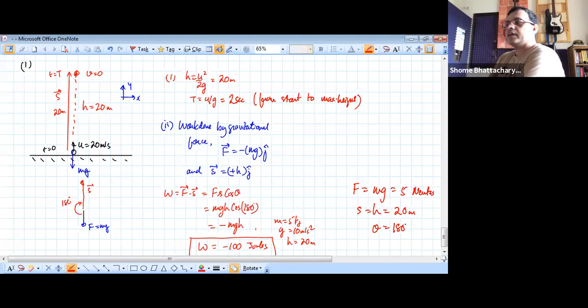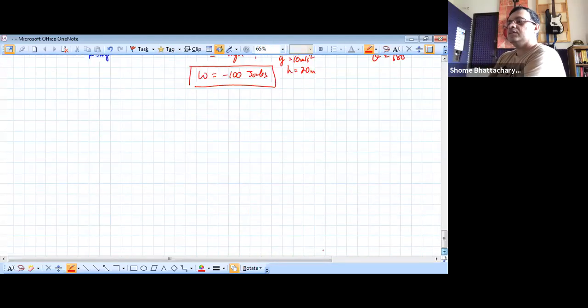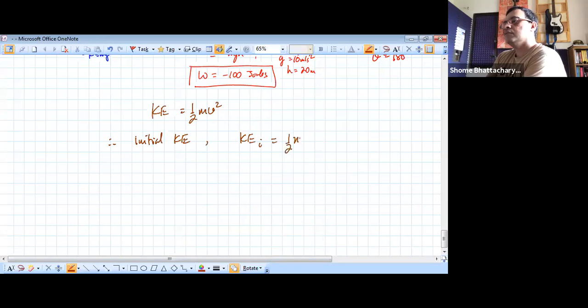Okay, now let's talk about the kinetic energy. Now you can see that the general formula of kinetic energy is half mv square. So therefore, the initial kinetic energy is equal to half mu square.